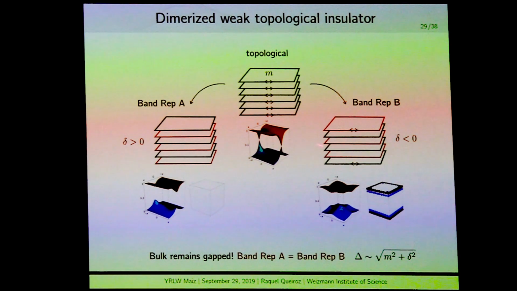But I can do that in 2 different ways, and I don't even need to close the bulk gap between one and another. One does not leave any dangling 2D TI on the top and the bottom, and the other one does. So this one has hinge modes, and this one does not have hinge modes. However, these hinge modes are not possible to remove except if I close the boundary gap.